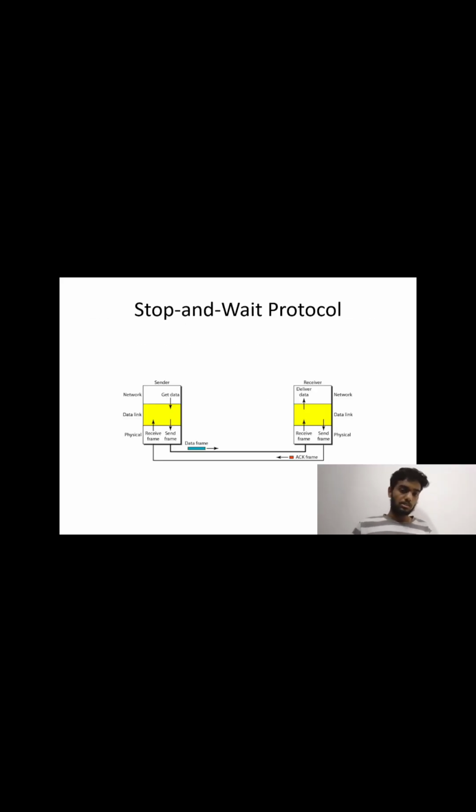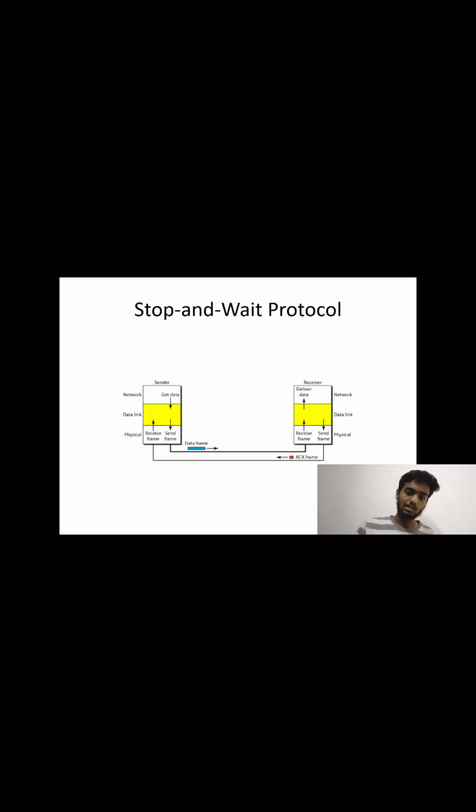Here the data from the sender in the network goes through the data link layer, where the frame is formed. That frame is conveyed and received through the physical layer, then again with the help of the link layer the message is received by the receiver.